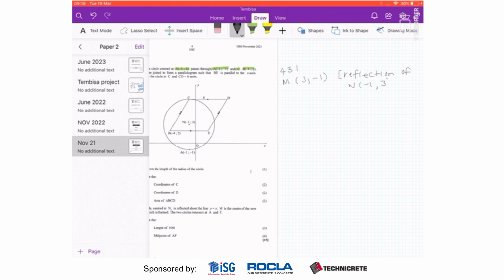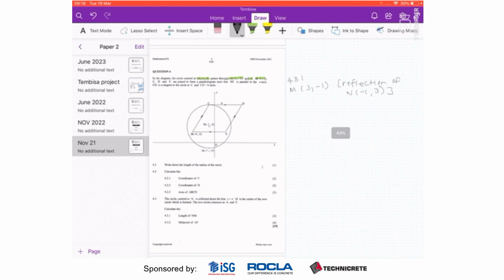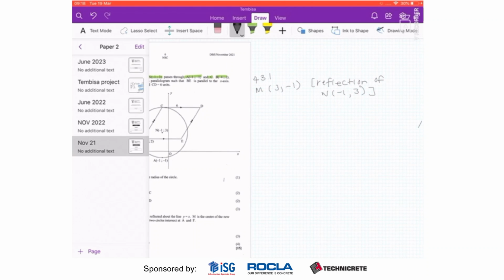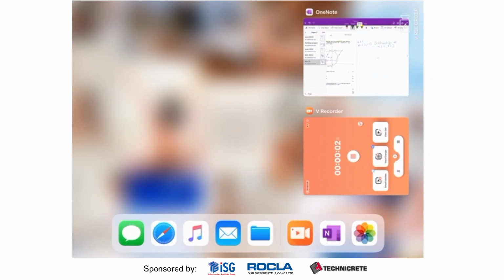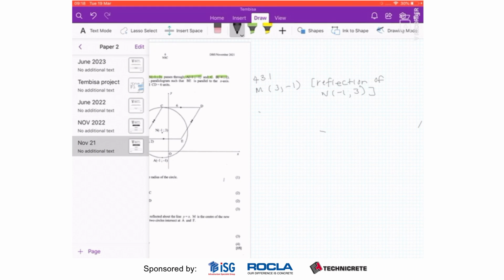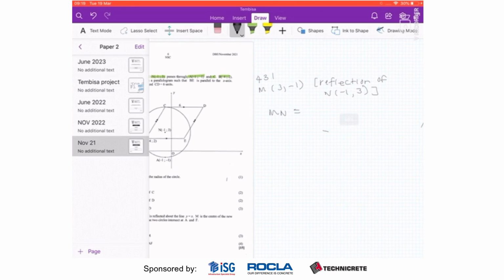Okay, so to find MN, I'm going to use both my values of M and N, which means I'm going to use the distance formula.